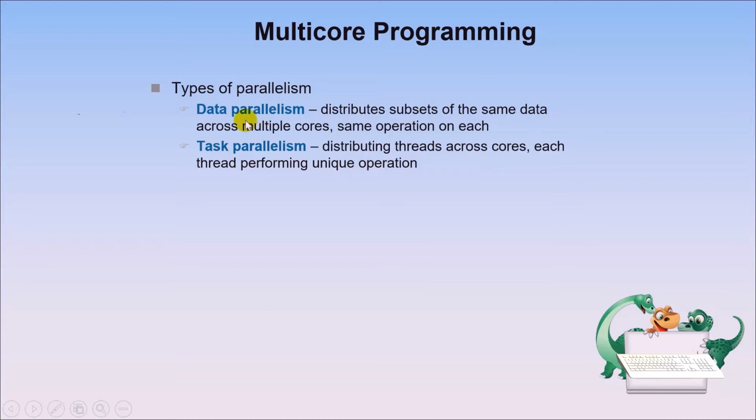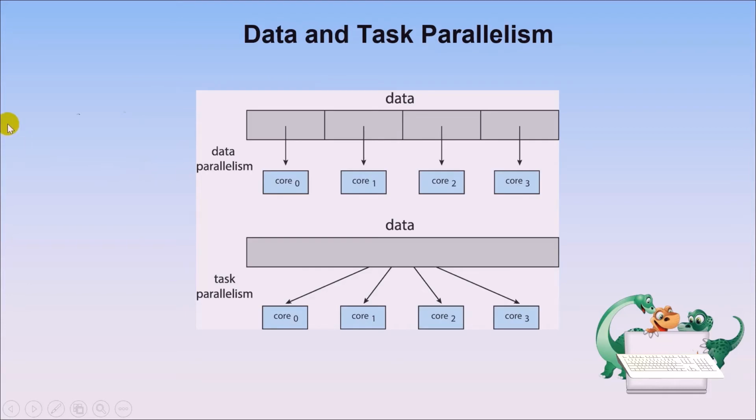For example, dividing a large image into pieces and performing the same digital image processing on each piece on a different core. Task parallelism divides the tasks to be performed among different cores and performs them simultaneously. In practice, no program is ever divided up solely by one or the other, but instead some sort of hybrid combination.